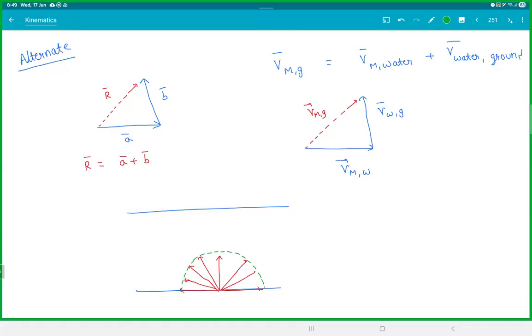Is that making sense? This person, when you're starting from there, can go in any direction. If you take all possible directions, it will look like they're forming a circle. The tip of all these vectors will form a circle. So these are all possible directions the man can swim. Now we don't know which one he has to swim, but these are all that you can have.